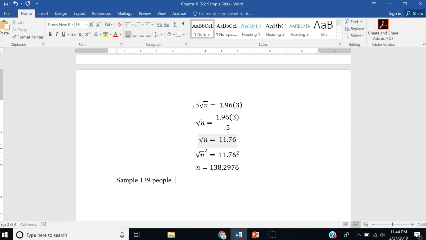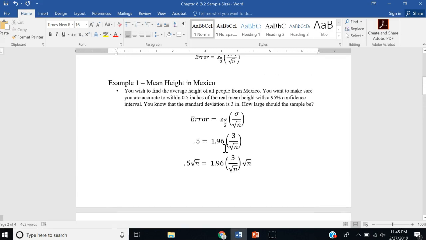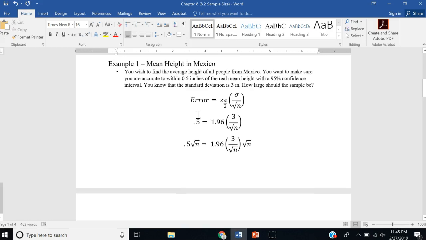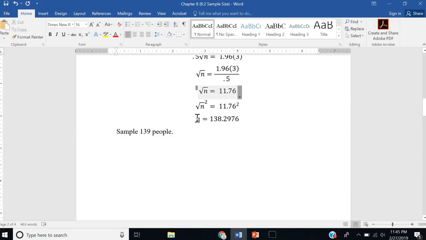Now notice what I did. I went up to the nearest whole number. I always go up, because notice the context of the problem. It said I wanted to be within a half an inch. It turns out that 138.2976 gives you exactly half an inch.